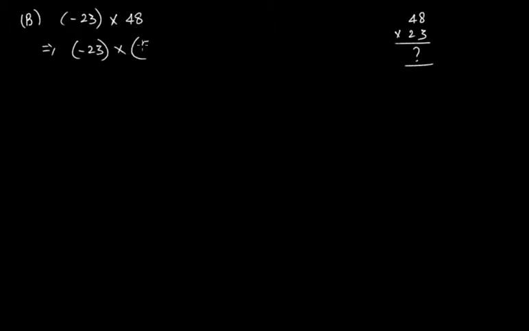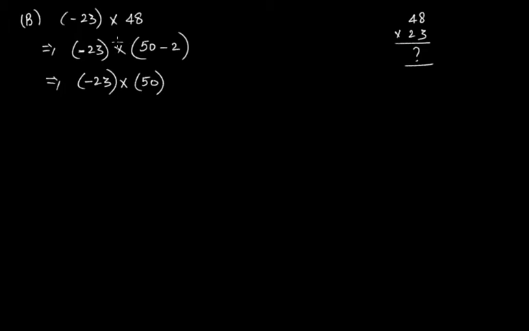You can write 48 as 50 minus 2. Are you clear with that? 50 minus 2 will give you 48. So this will make minus 23 times 50, and since we have a minus sign here, we are using the distributive property of multiplication over subtraction.